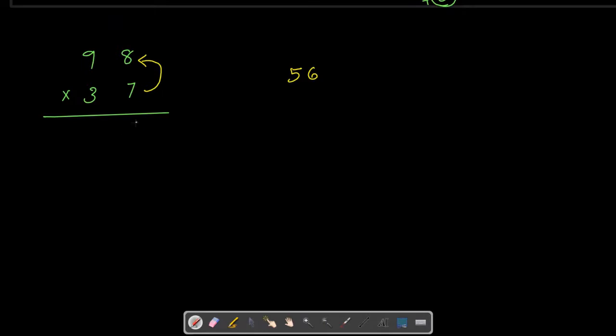I'll take a 6 over here and put a 5 as carry forward. Now let us do the cross multiplication. 3 times 8 is 24 and 7 times 9 is 63. So it becomes 87 and I have a 5 as carry forward. I'll be adding a 5 over here, which gives me 92.